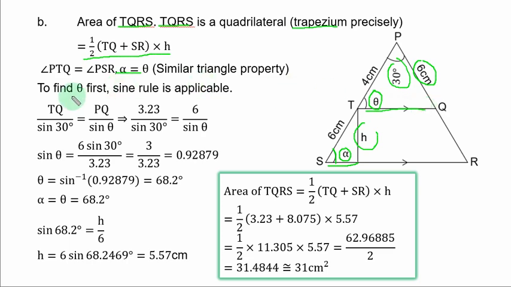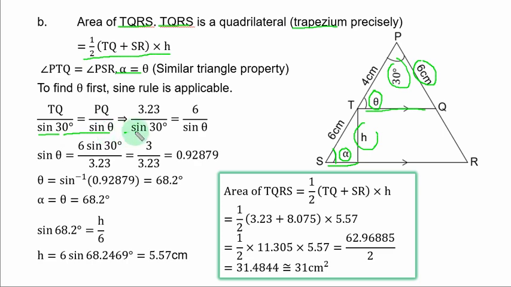So we have TQ over sine 30 degrees. This is TQ and the angle facing it, then equal to PQ, which is 6 over sine theta. That is the angle facing PQ.